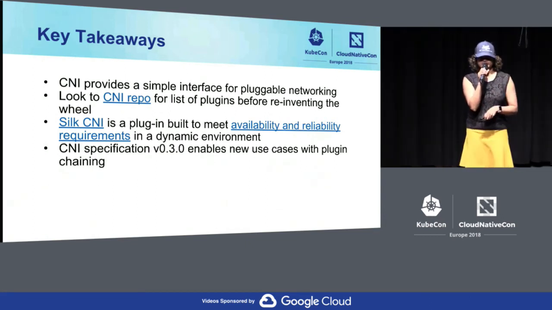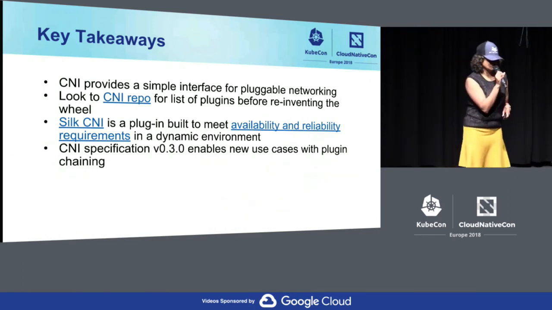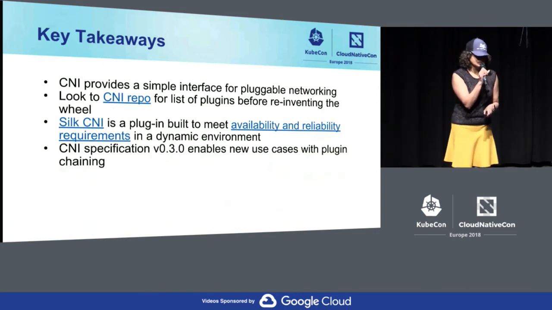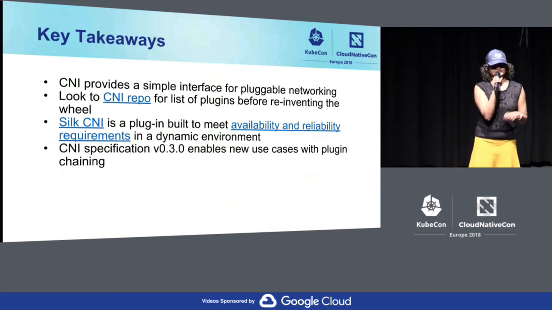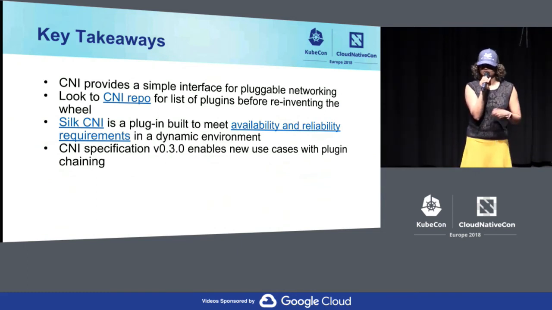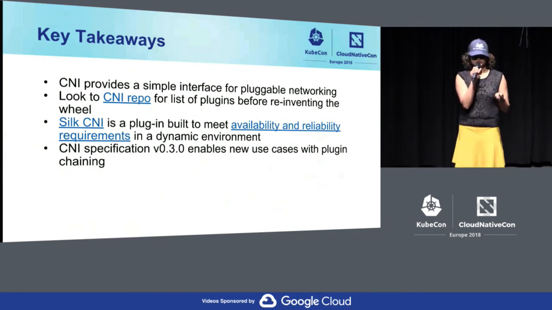We also covered what Silk does and some of the unique characteristics of it in terms of better lifecycle management around when containers come and go and your host VMs come and go. And finally, we spoke about the bandwidth limiting plugin and CNI plugin chaining, new capabilities in CNI that we're starting to leverage, and we'll continue to contribute back to the community.